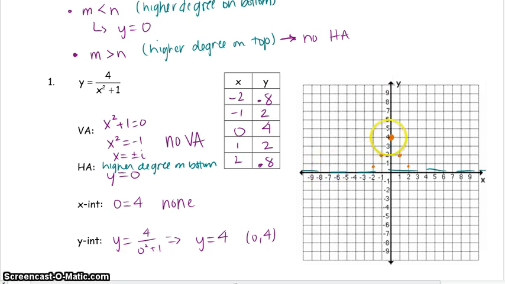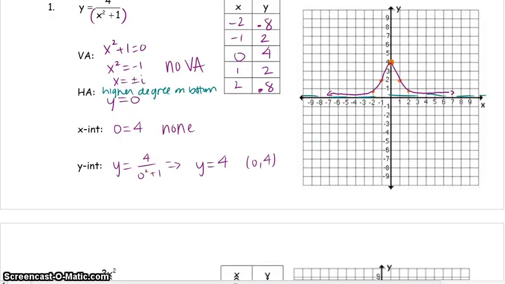So this is what our graph looks like. Sometimes it'll look a little funky, but if you want to double check on your calculator, you can always put this in and make sure you put your parentheses around your denominator.